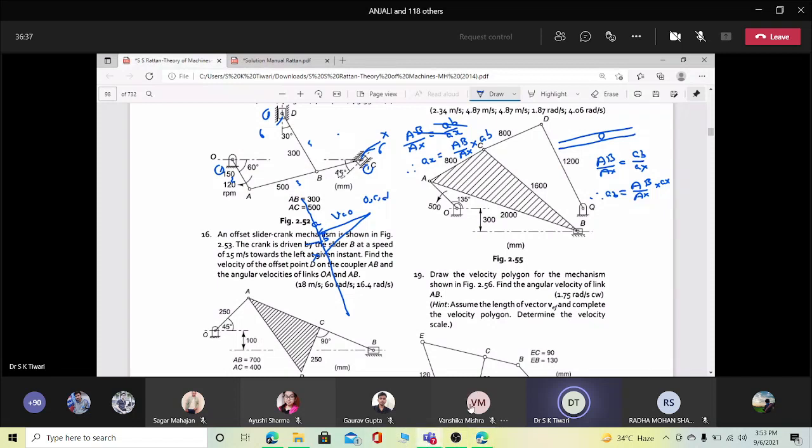Consider B on BD. Then for B, this is the center of rotation. Direction of velocity will be perpendicular to this line through D or through B. Something like this. When D is on the fixed one, then.